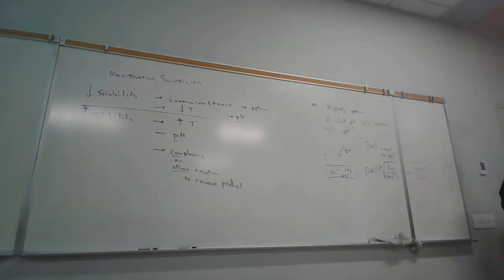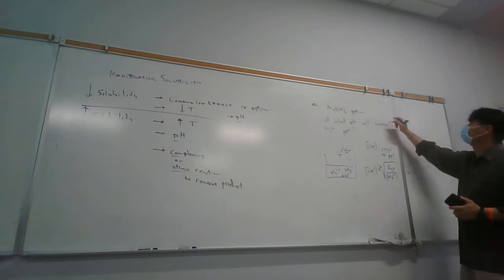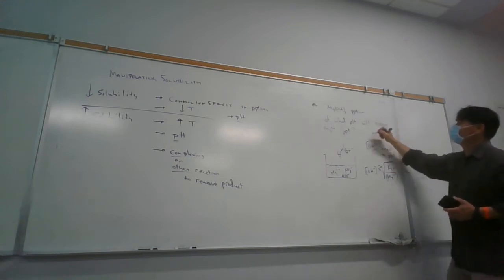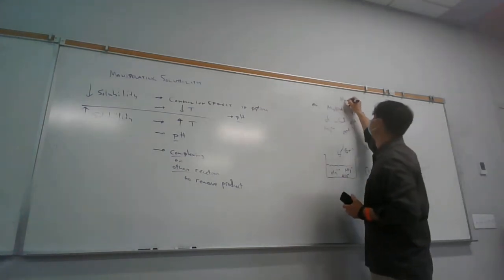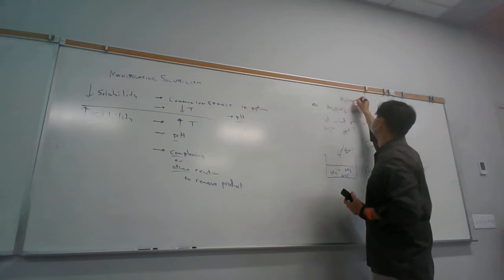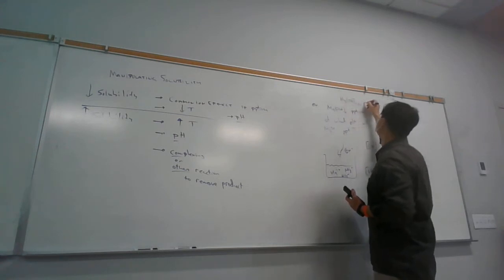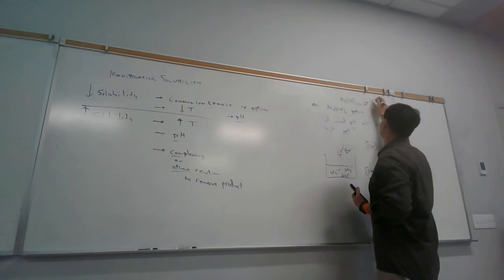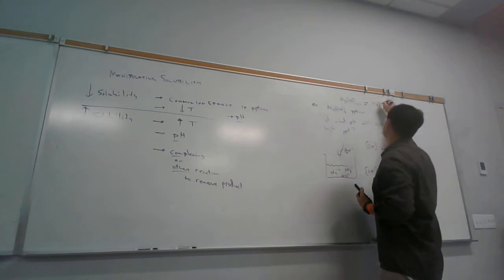Is there a square? Yeah, there is a square because this magnesium hydroxide solid is going to go to 1 magnesium ion and 2 hydroxide.